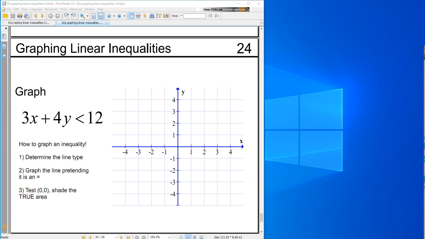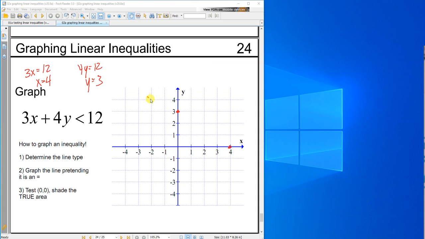All right, here's one in standard form. So I'm going to do mini equations. So I'll go 3x equals 12, so x equals 4. 4y equals 12, so y equals 3. Dashed line, x equals 4, y equals 3.